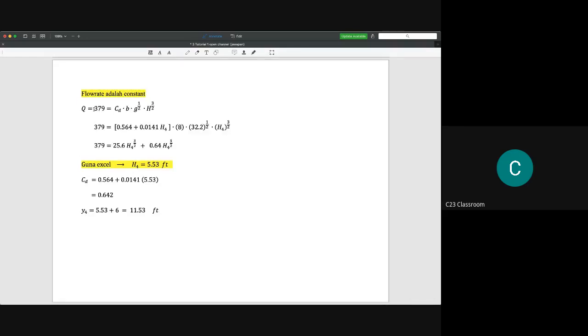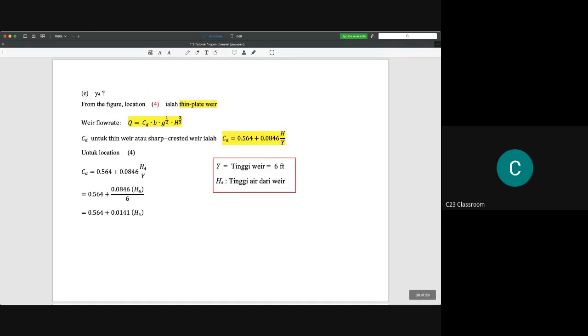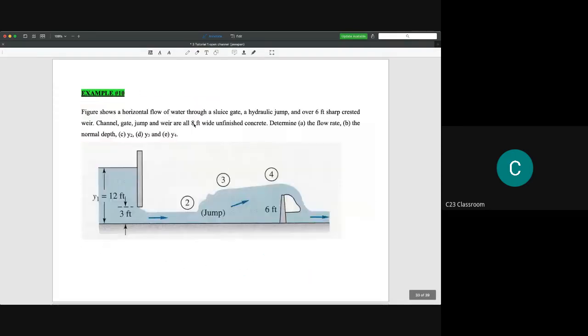So the flow rate is 379, and this is equal to the flow rate for the weir. I mean this flow rate is the one we get here. If you see the diagram here, it is the flow rate about this one. We do not take the flow rate that we calculated previously for the sluice gate here, so we need to calculate separately about here.